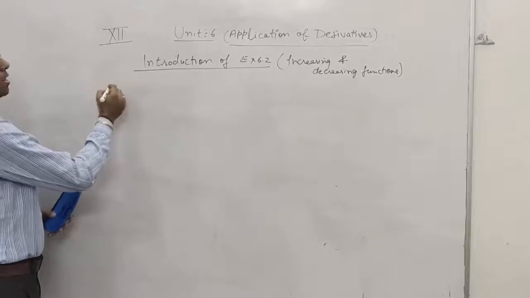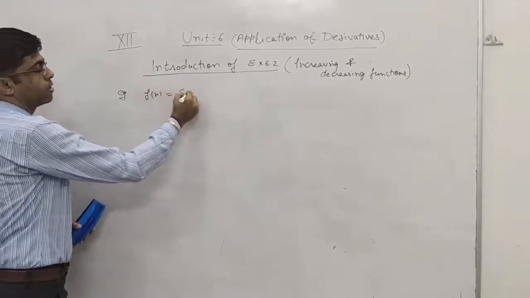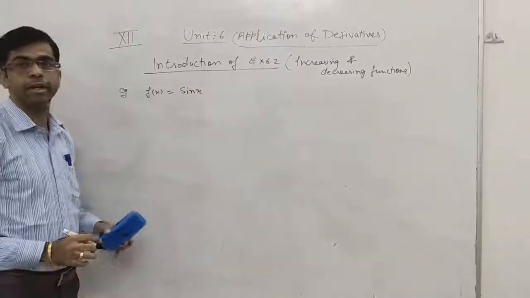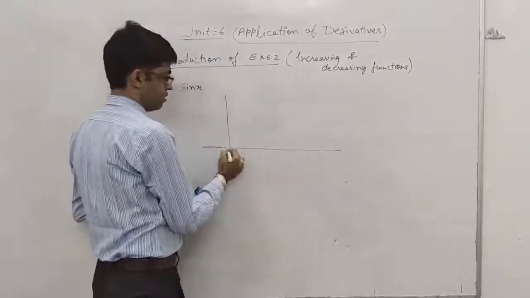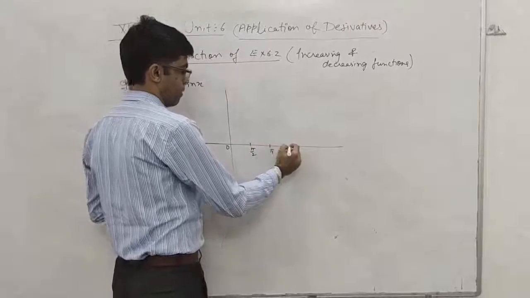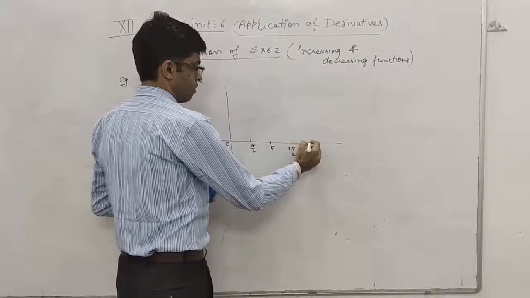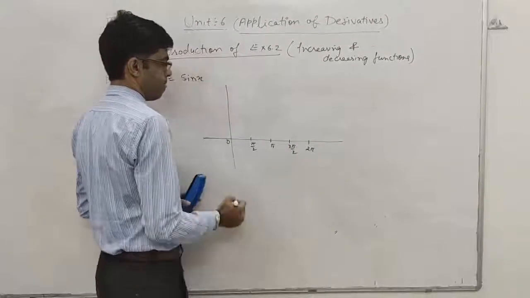Now let's take another example. This time take the trigonometric function sin x. Now you have to tell whether this function sin x is increasing or decreasing. So firstly I am making a graph: 0, pi by 2, pi, 3 pi by 2 and 2 pi.